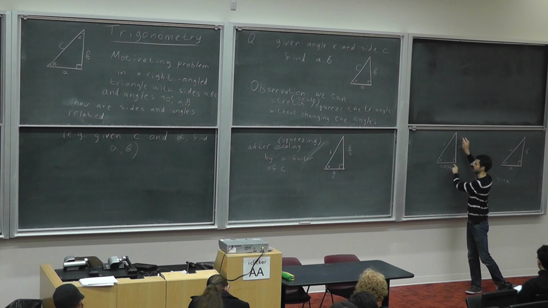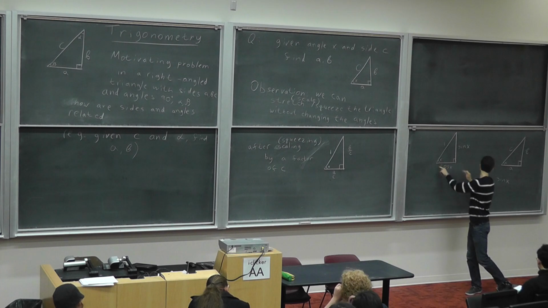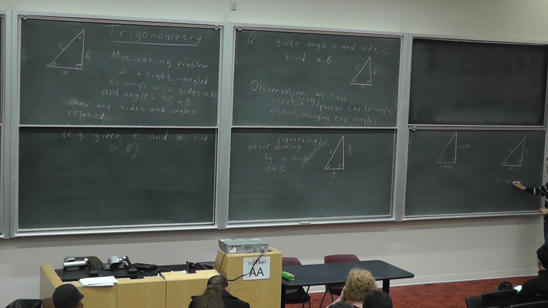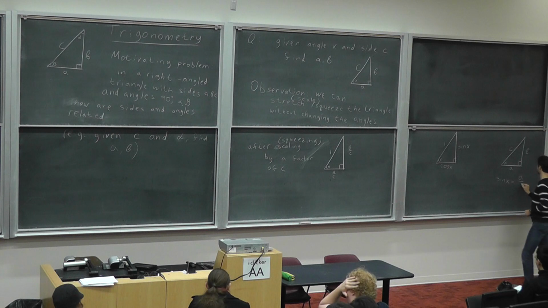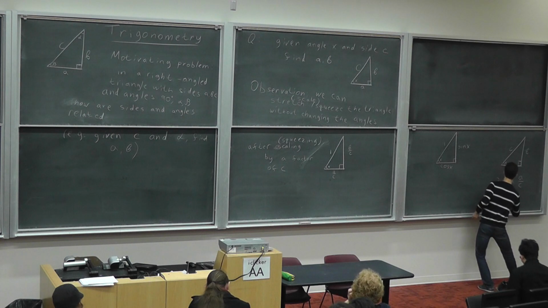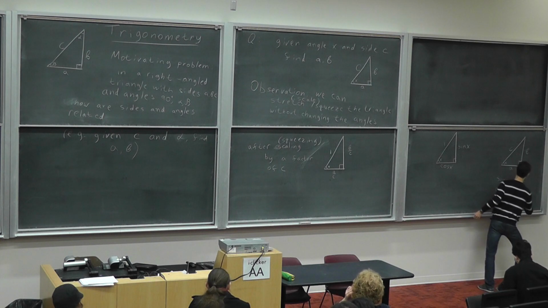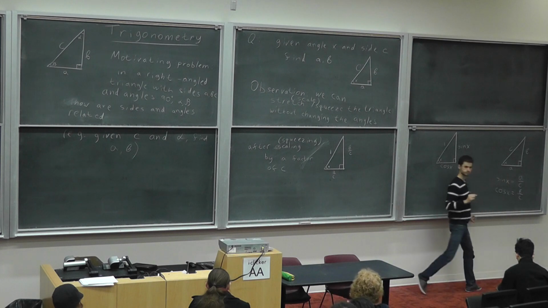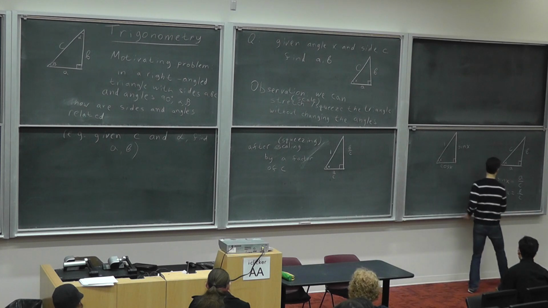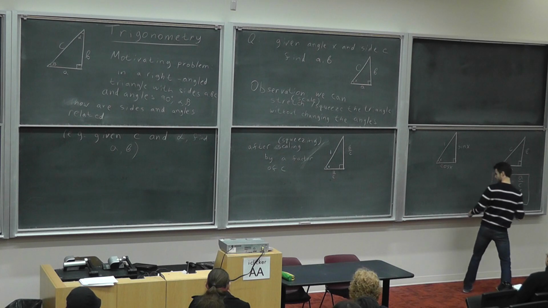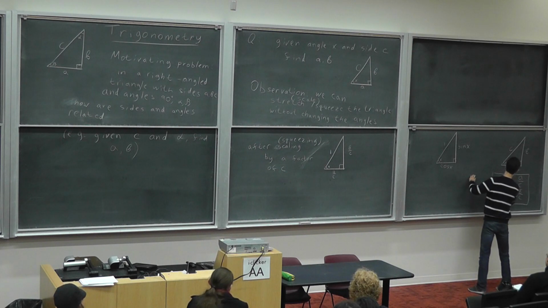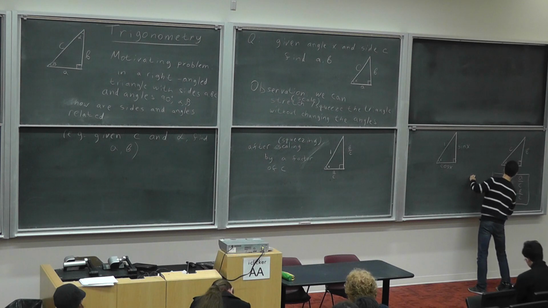It's going to be sine of x, and this is going to be cosine of x. So sine of x is going to be A over c, and cosine of x is going to be B over c. Sorry, that's the cosine, and that's the sine.